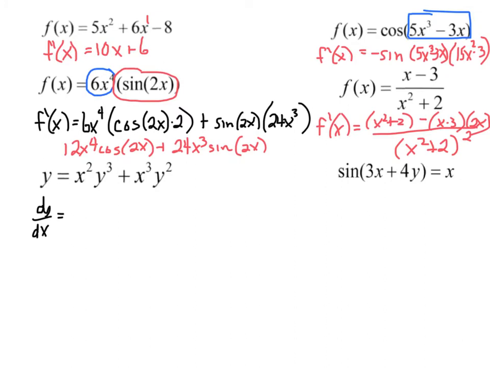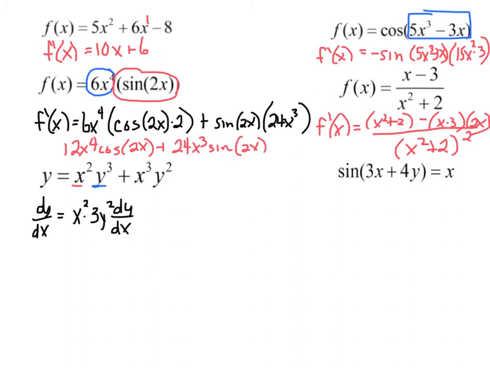Now, x squared y cubed, this is a product, right? I'm just going to underline them. We've got a function and another function, so we're going to need product rule. First times the derivative of the second, and we have to use chain rule.